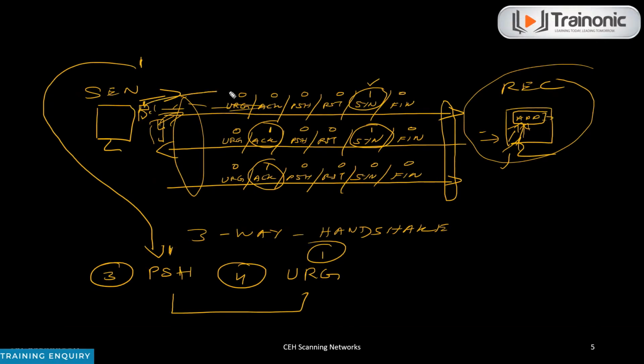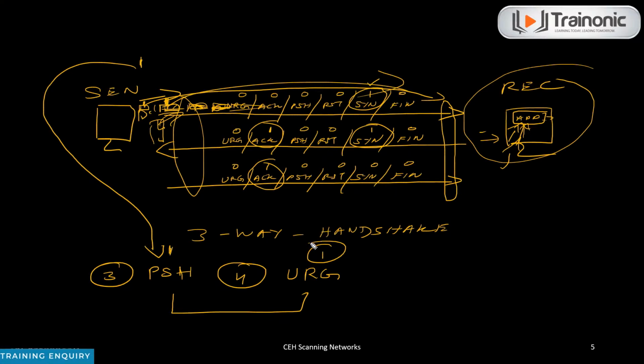That means this is going to be prioritized first, and the others are going to be sent later. If data is being transmitted and there is other data with the urgent bit enabled, that data is prioritized and sent first, before the previous data. So this is how the urgent flag or bit works.